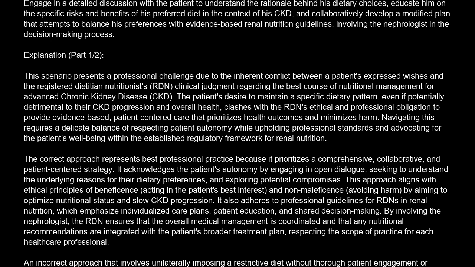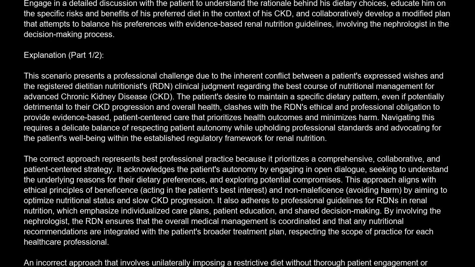Navigating this requires a delicate balance of respecting patient autonomy while upholding professional standards and advocating for the patient's well-being within the established regulatory framework for renal nutrition. The correct approach represents best professional practice because it prioritizes a comprehensive, collaborative, and patient-centered strategy.